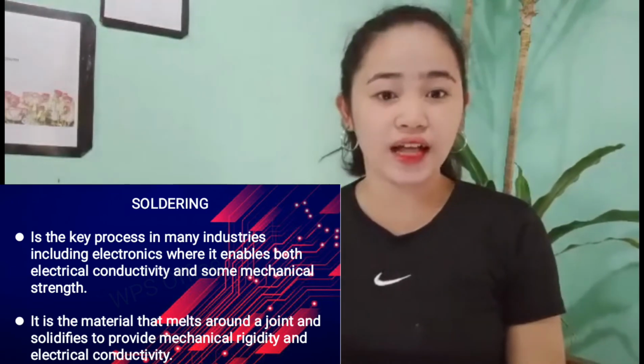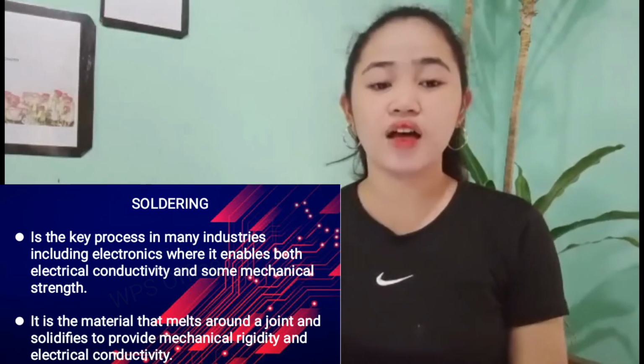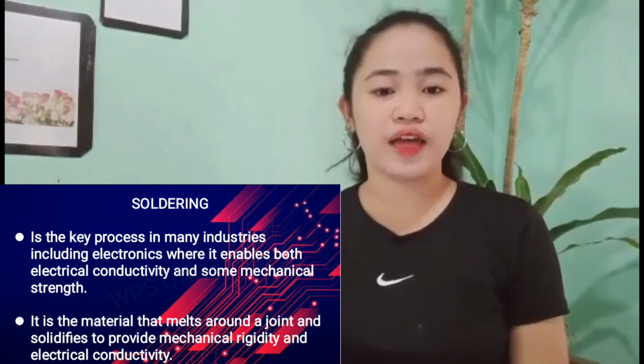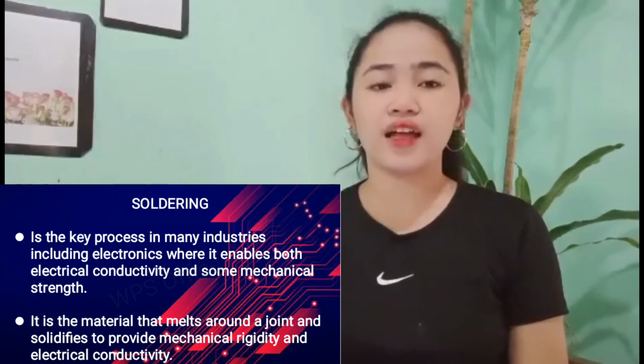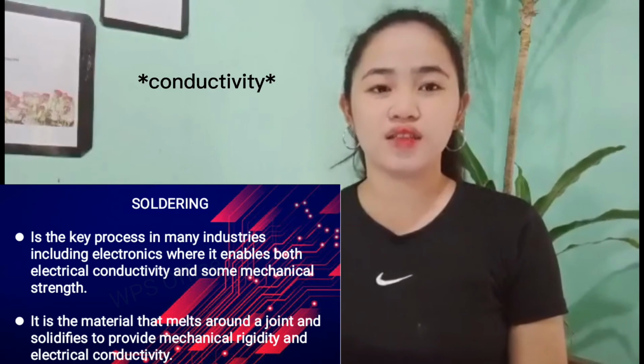It is the material that melts around the joints and solidifies to provide mechanical rigidity and electric conductivity. Origin of soldering. The concept of soldering has been known for very many years. Some silver solder joints have been found on items dating back to between 3000 and 2000 BC.